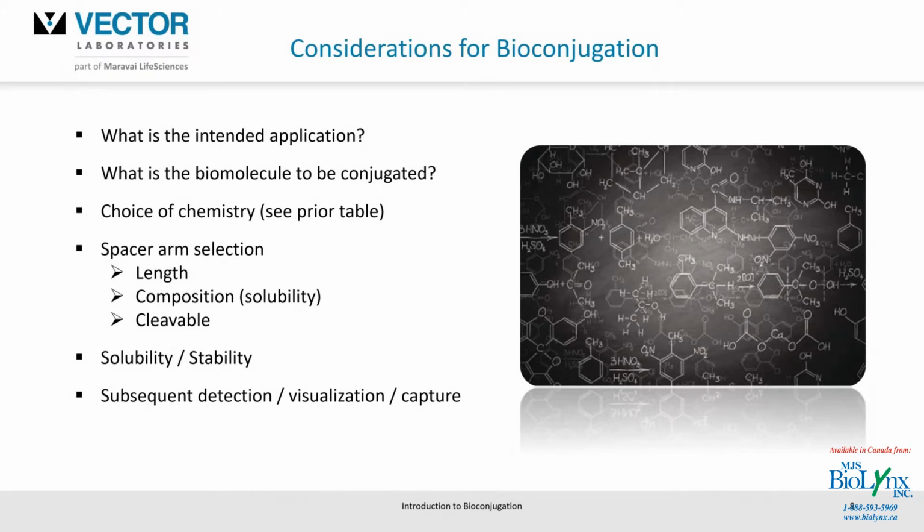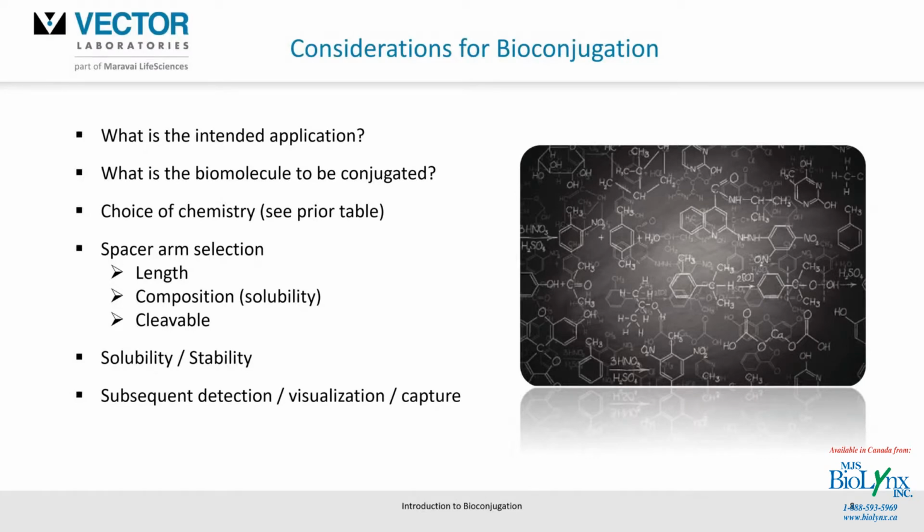Is this going to be performed in solution, for example, or is it going to be a bioconjugation on a hard surface or a matrix, a bead, such as we mentioned before, an agarose bead? And what is the biomolecule that you're going to be conjugating? Those two points, what is the intended application and what is the biomolecule, will probably lead you into the choice of chemistry.